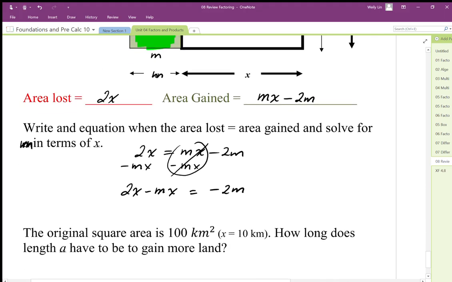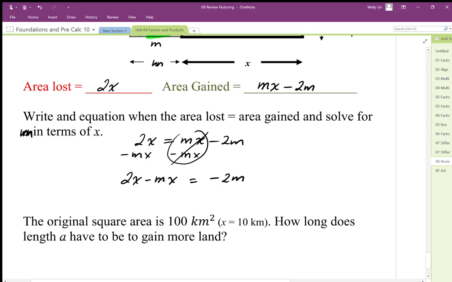To solve for x, I have to factor. I have 2 x's, but I need 1 x to solve for. The key to doing that is anytime I have 2 x's, I can factor to get 1x, like that. And once I've done that, I now have times. I can get rid of times by dividing.